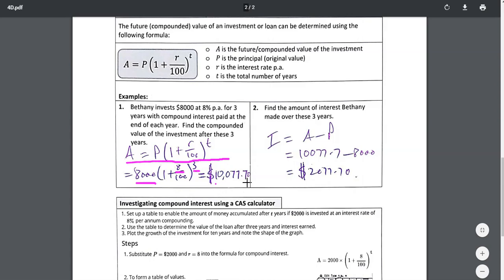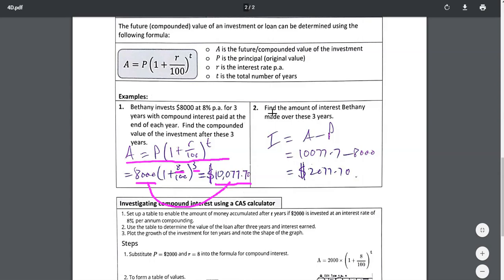And we find out that her investment, after 3 years of compound interest at 8% per annum, will have grown from $8,000 to $10,077.70. Now, her investment grew from this to this, which tells us something about how much interest she would have earned.